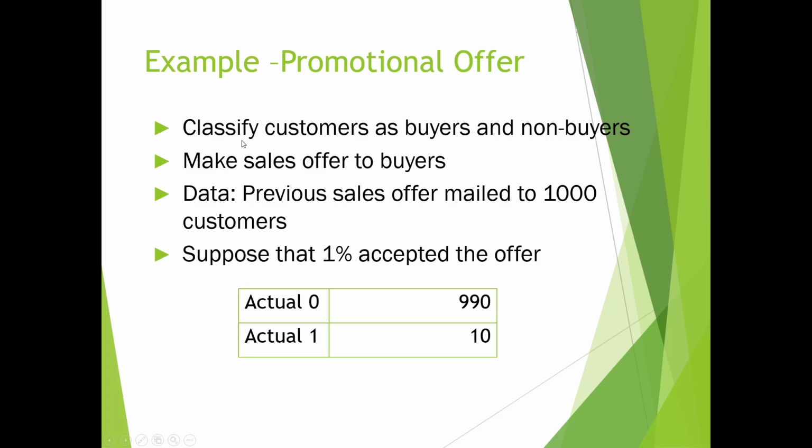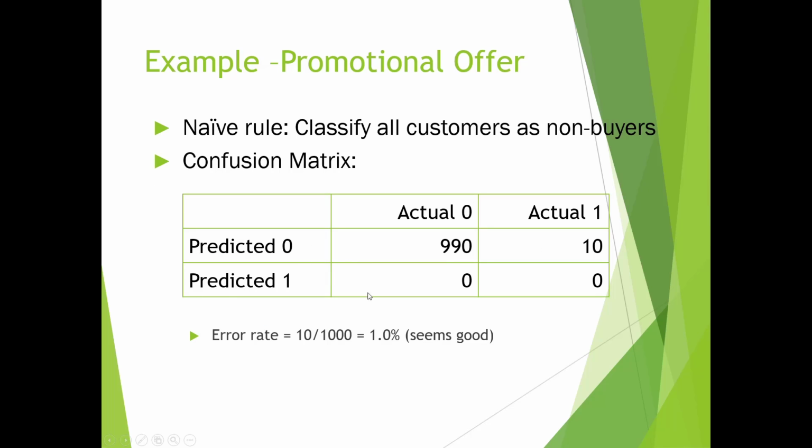Suppose here is an example, a promotional offer. There are actual 0s from previous offers, 0 meaning not accepted, and only 10 people accepted. So this is the ratio: 1% of the people who were given an opportunity accepted the offer. That means if we predict everybody to be 0, then our error rate is 1%.